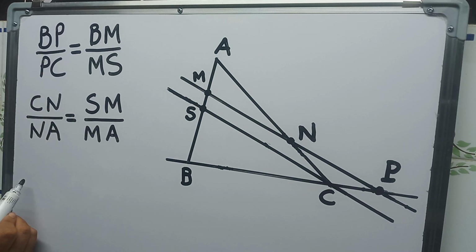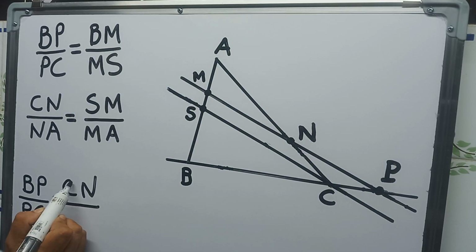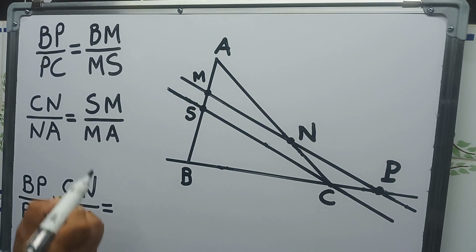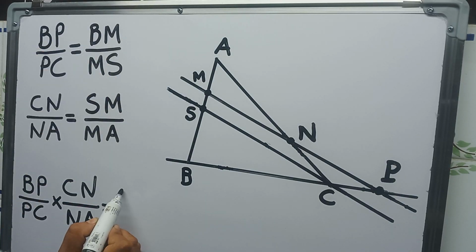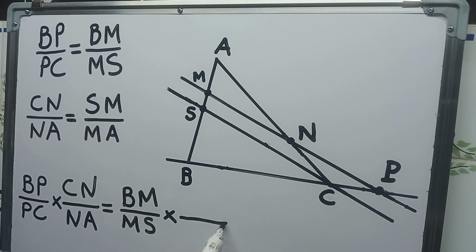Now multiplying the two equalities term to term, this term times this term is equal to this term times this term. So BP over PC times CN over NA is equal to BM over MS times SM over MA.